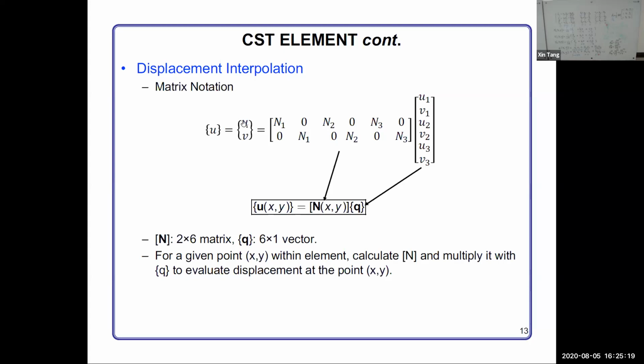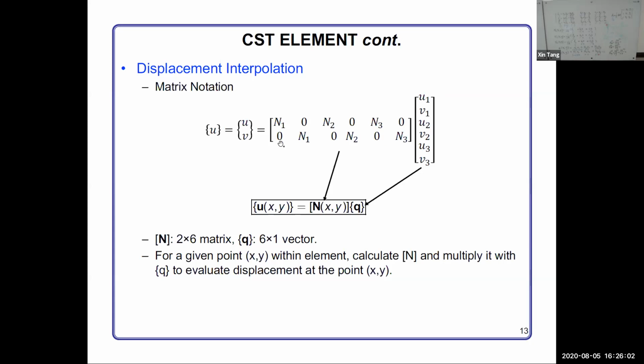The U displacement depends on U, not on V, because U and V are perpendicular to each other. They are uncoupled, as we discussed earlier. So U equals N1 times U1, 0 times V1, meaning the U displacement does not involve the Y direction displacement V. So N1 times U1 plus N2 times U2, no V2, N3 times U3.